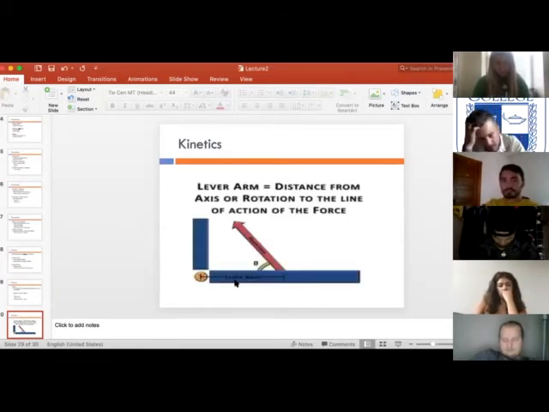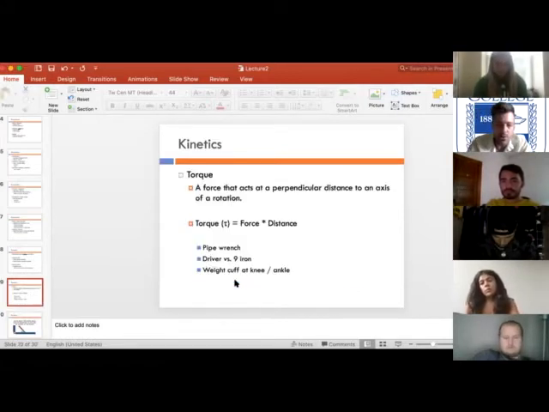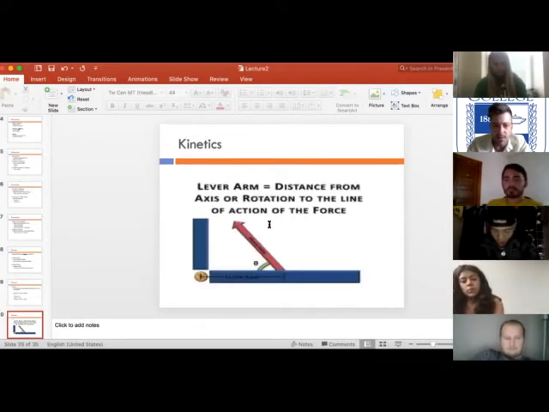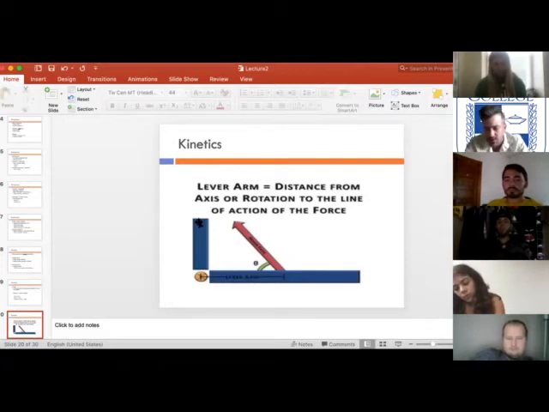And here's another example of that term. So when you're talking about torque, there's a distance here. And the distance that we're talking about is a lever arm. So this is just a schematic or a model of your arm. This is your humerus, this is your elbow, and this is your radius and ulna.